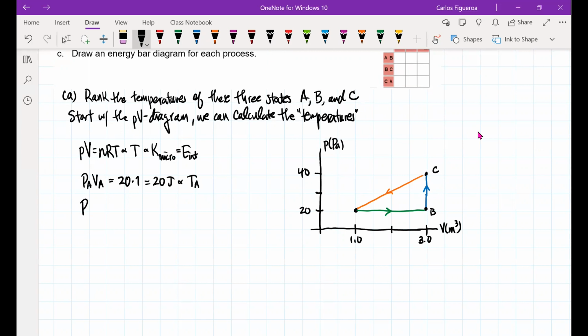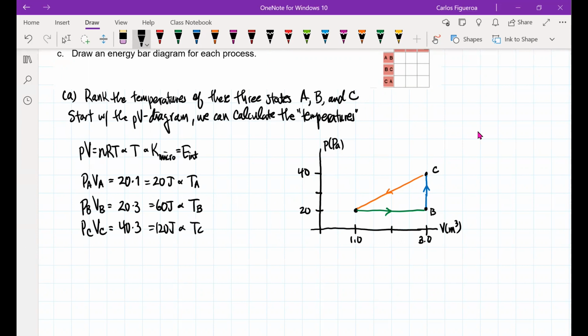Now, pressure and volume at B: I'm going to have 20 times 3, so this is 60 joules, but that's proportional to the temperature of B. When I go to C, the pressure and volume at C is 40 times 3, which is 120 joules.